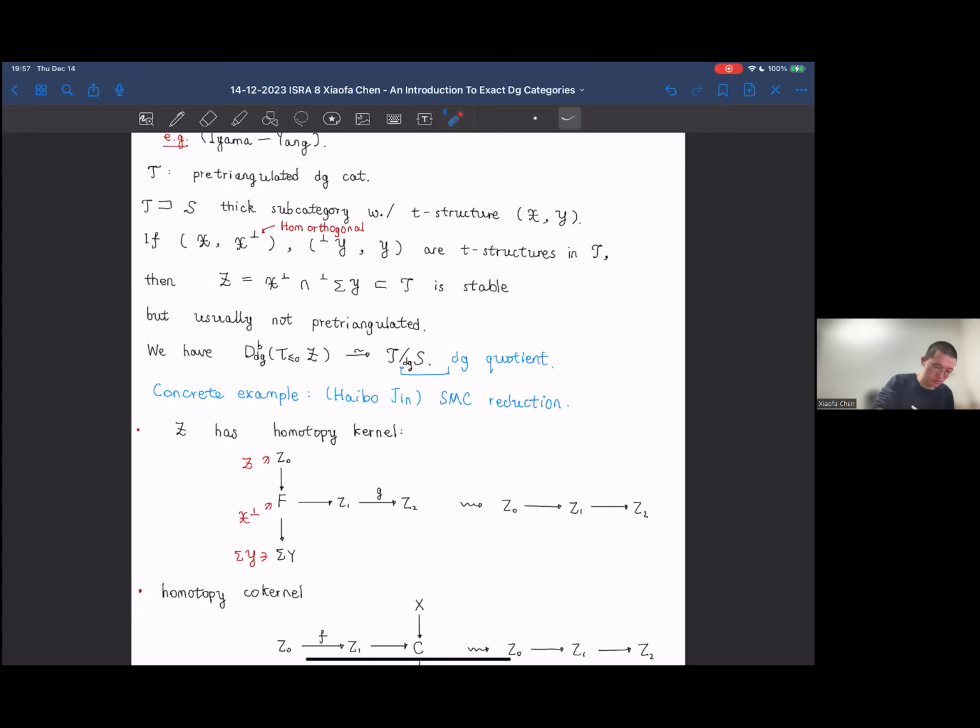Now we claim that this sequence is a homotopy left exact sequence, and we can check this as follows.